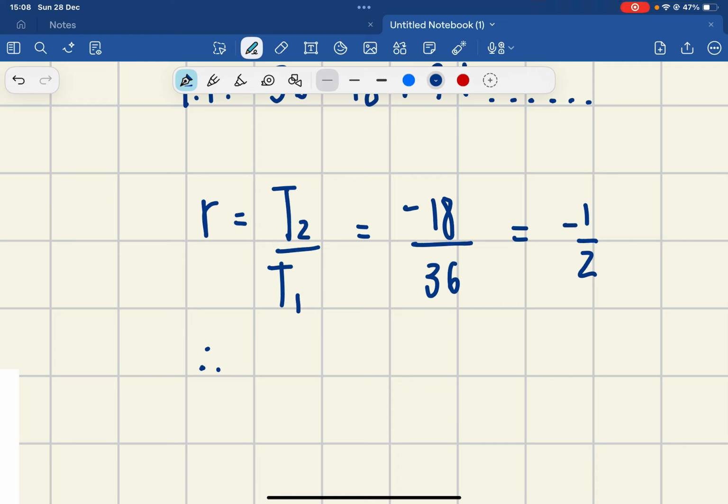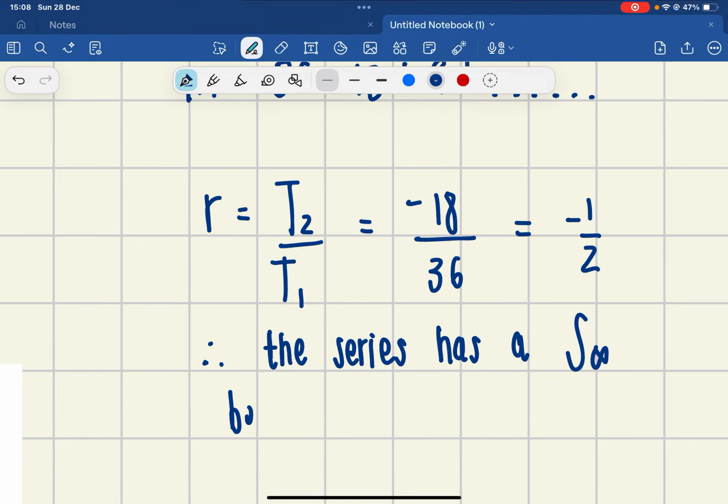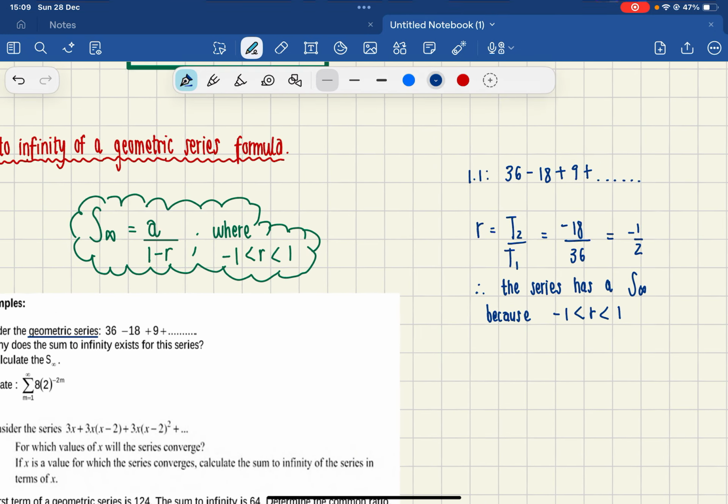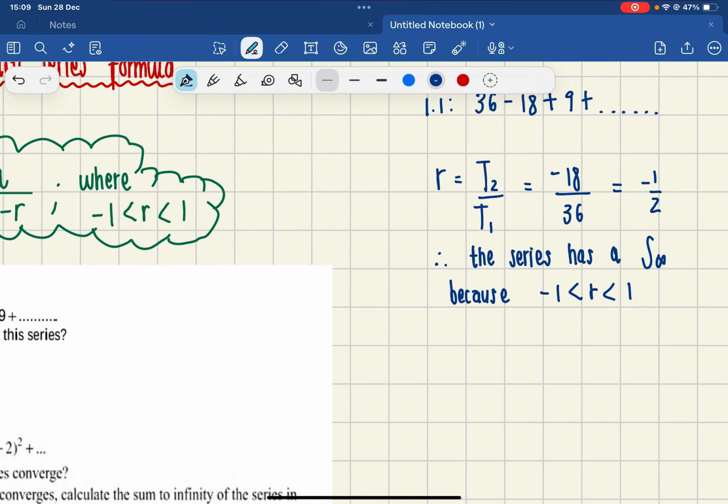Therefore, the series has a sum to infinity because the constant ratio is between 1 and -1.